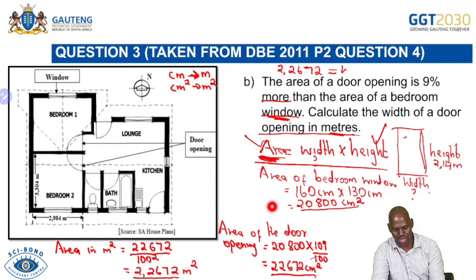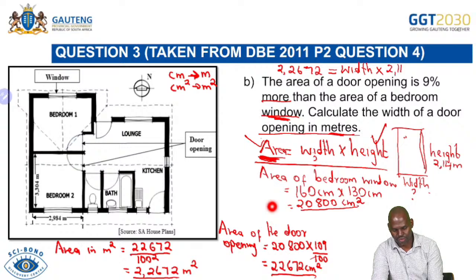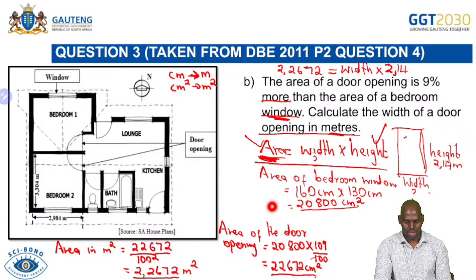We don't know what the width is, but that is what we're looking for. Then we say multiply by, do we know the height? Yes, the height is 2.14. So 2.2672 is equal to the width multiplied by 2.14.